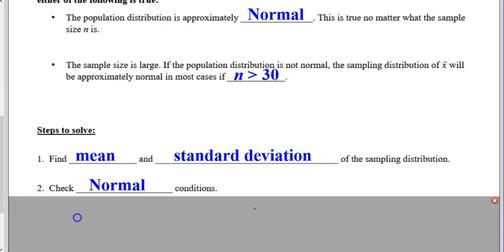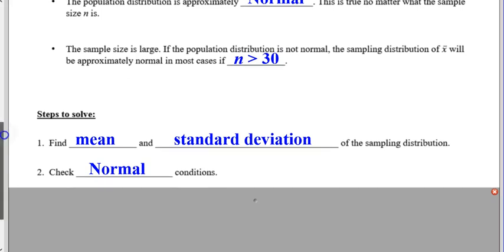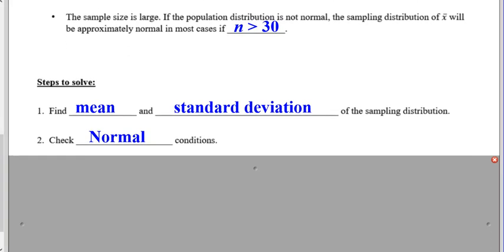All right. So, first off, we're going to find the mean and standard deviation. Step 1, which we've been doing. Then you're going to check for normal conditions. If it's given, then we say yes.